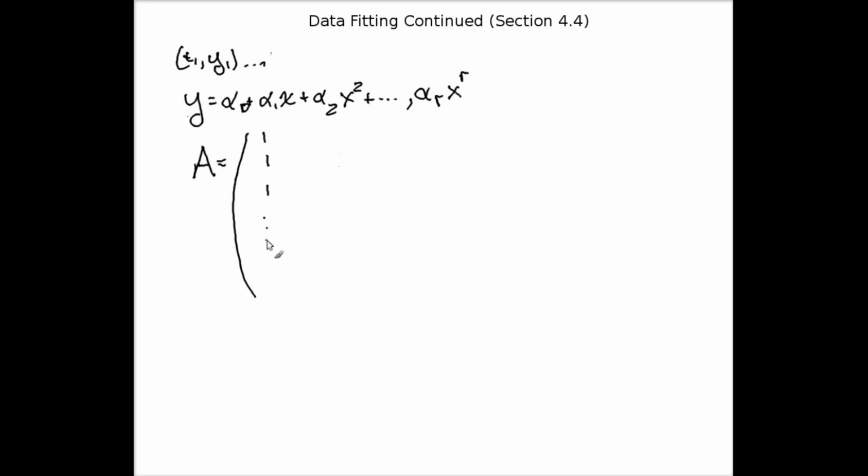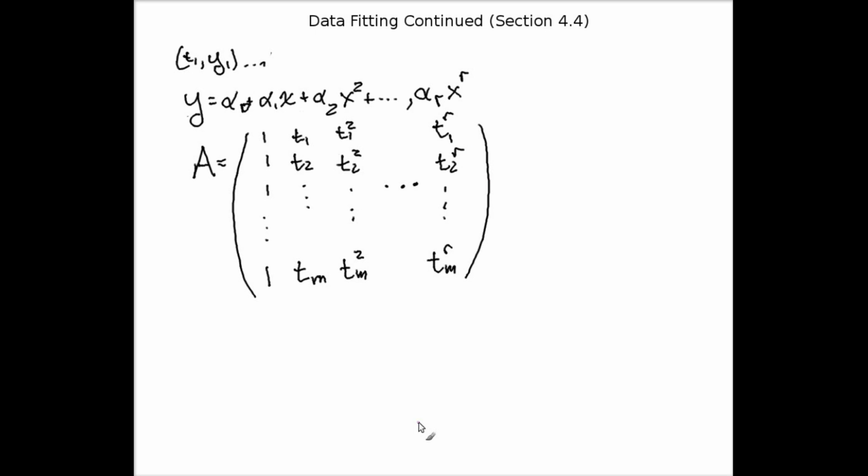You put 1s in the first column, and then you put T1, T2 down to Tm, followed by T1 squared, T2 squared, down to Tm squared, and finally you get up to T1 to the r, T2 to the r, down to Tm to the r.